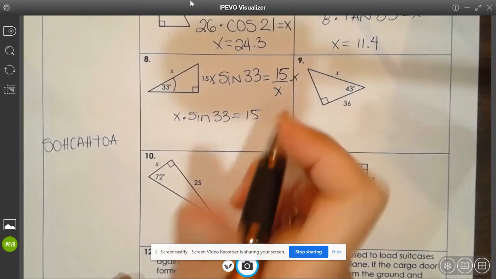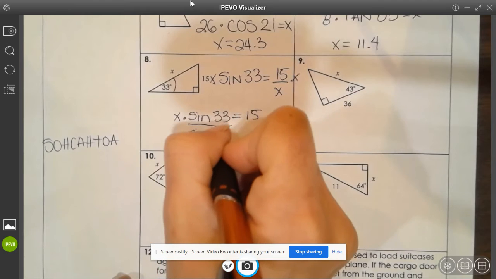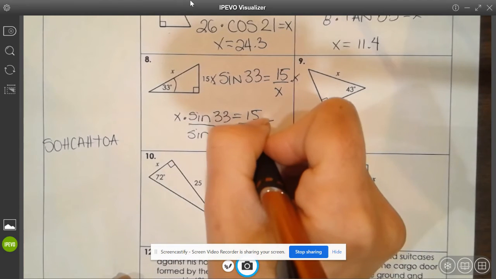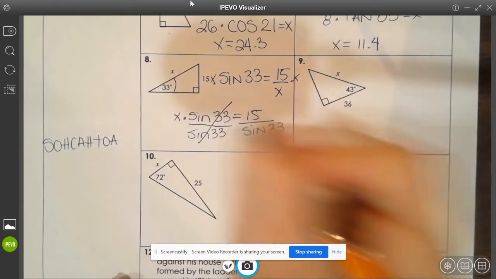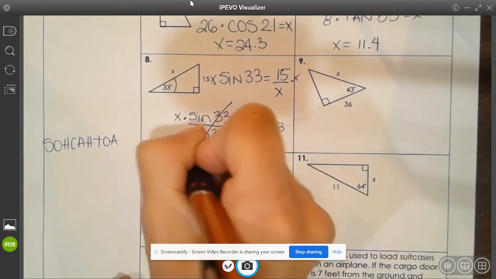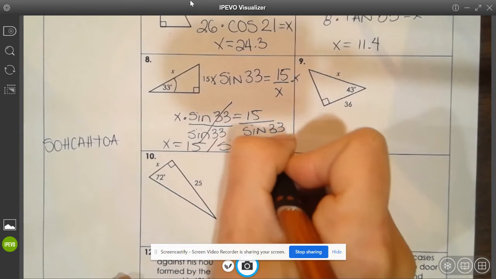I really have to divide. If I divide by sine of 33, I get rid of it on this side, and I have x equals 15 divided by sine of 33.